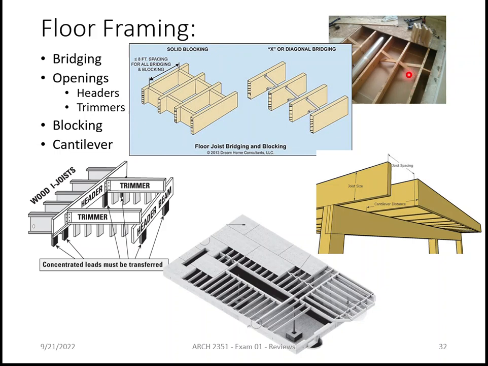If we have an opening in a floor or a ceiling or a roof, either one, okay? There are two members. There's the header, that goes perpendicular to the joist or the rafter, and the trimmer is the one that finishes off the opening, which is in the direction of the rafter or the joist.